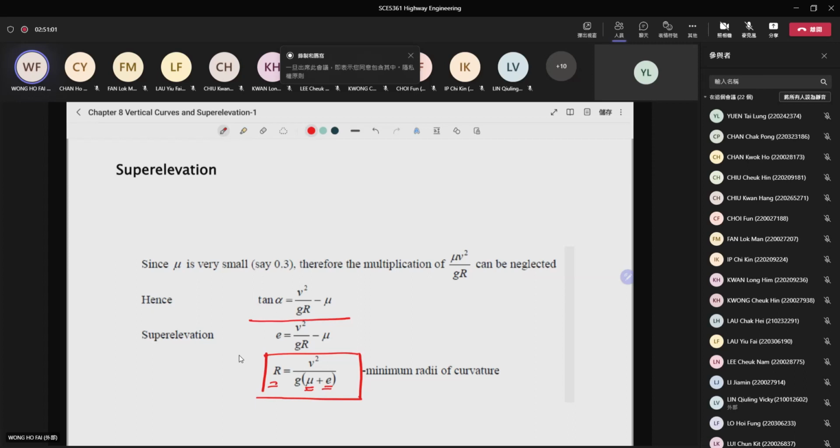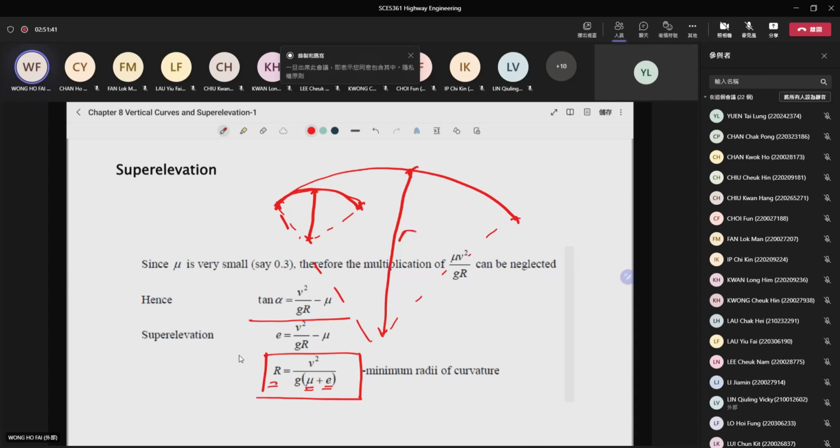Now why do I want to reduce the R? You can think that from here to here, I need to go from this way to this way. I need to turn around. If I have not enough elevation, I need a very large radius of curvature. If possible, I can turn around in this way, then the radius of curvature is much smaller. Right? My purpose is, for example, I just want my vehicle to turn around.